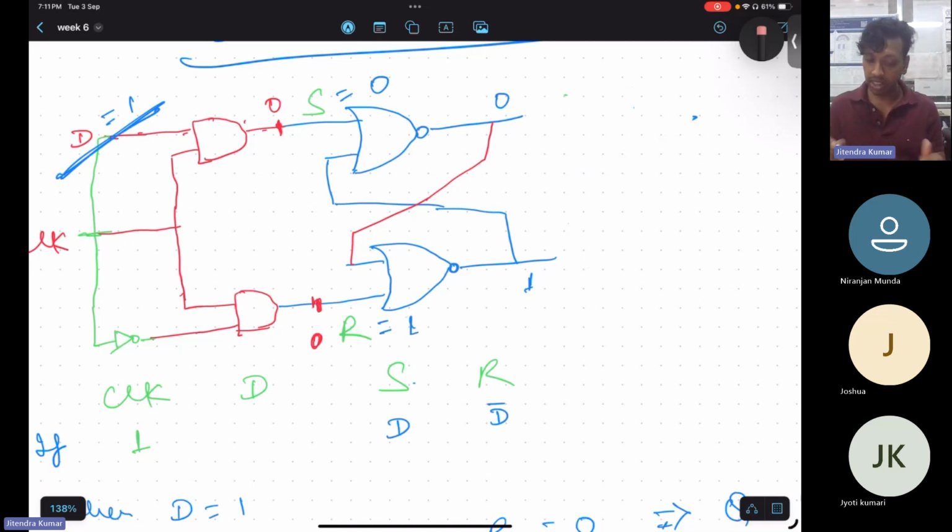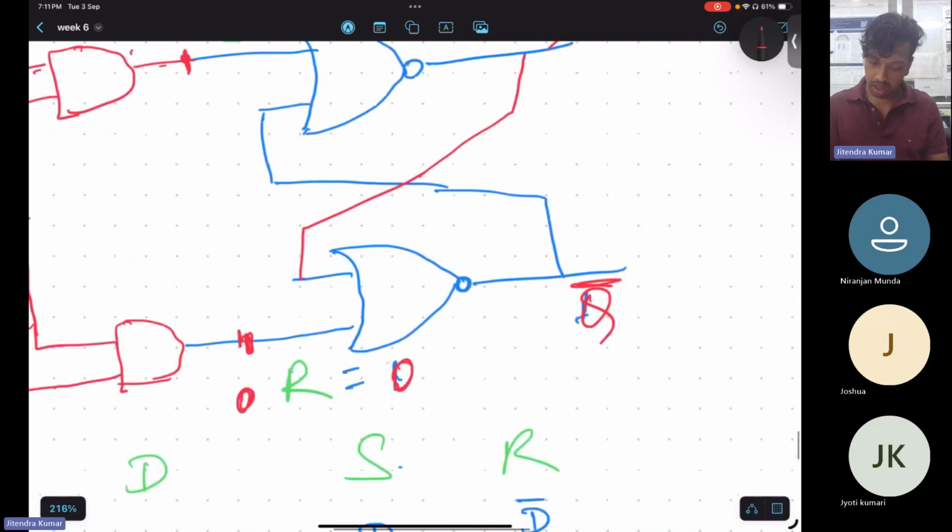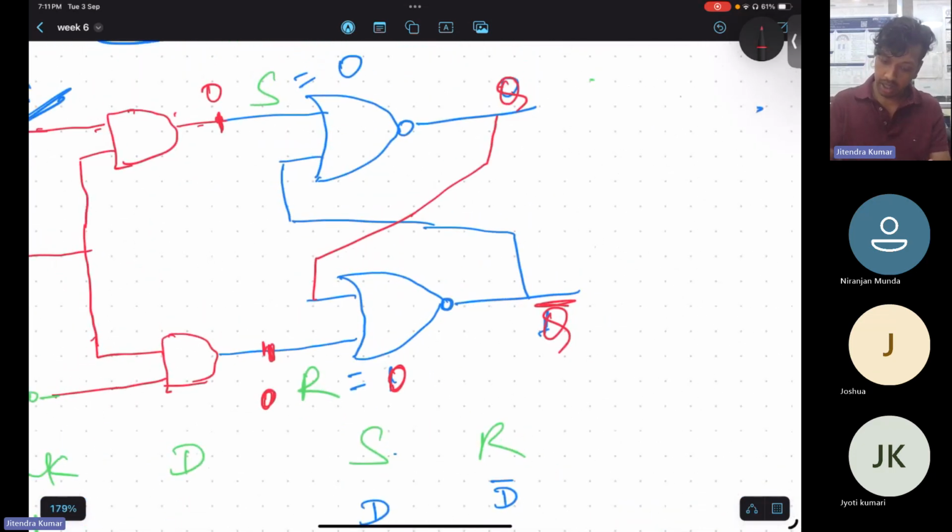So this is a very special case when both of the inputs are 0. Then what happens is that you have to consider whatever the Q is, this is the Q bar and this is Q, isn't it? Now I hope you are not getting confused here. This Q will come here and this 0 is already there. So NOR of Q and 0 is going to depend on the memory, isn't it?